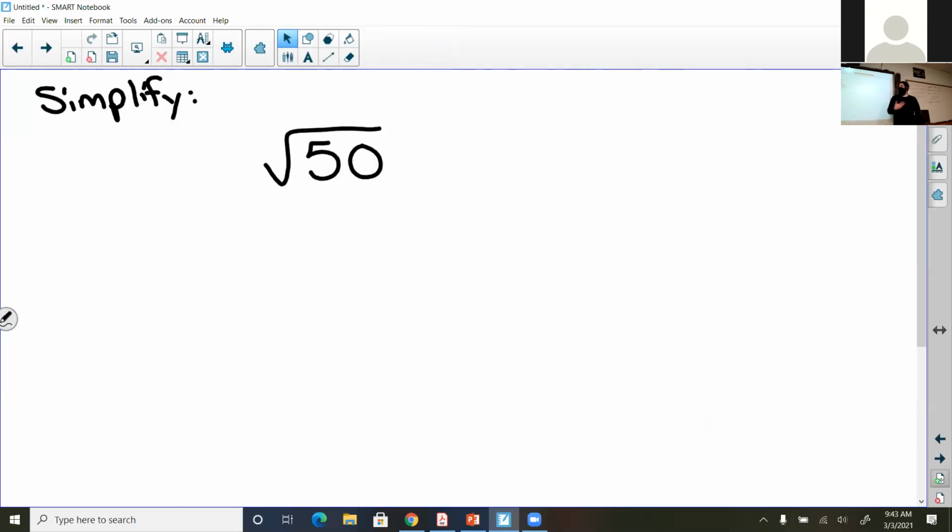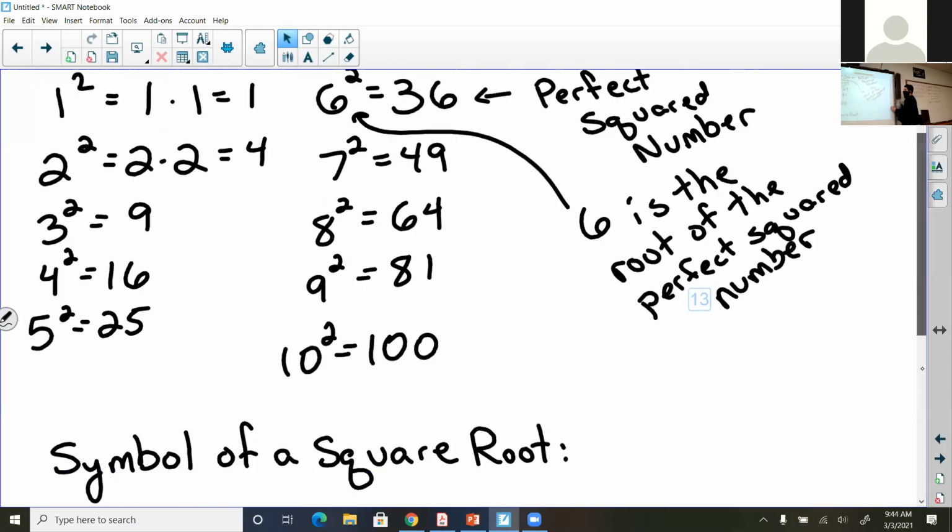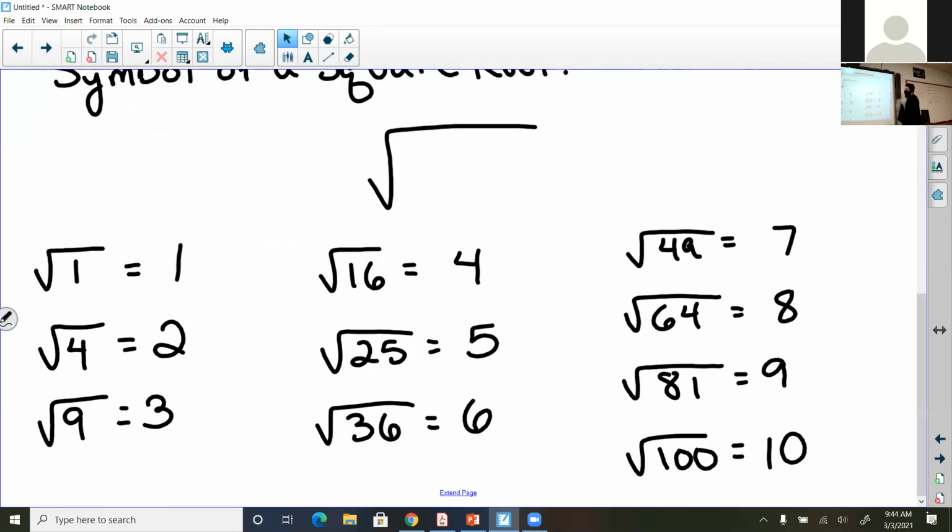What I want to do is think, well, is there a perfect square that goes into 50? So could I break up this radical into 2 other radicals that are being multiplied together to give me 50? So I just wrote out a bunch of square roots, and looking at these square roots, would any of these numbers go into 50 evenly?